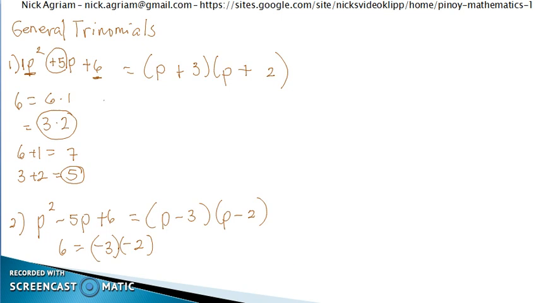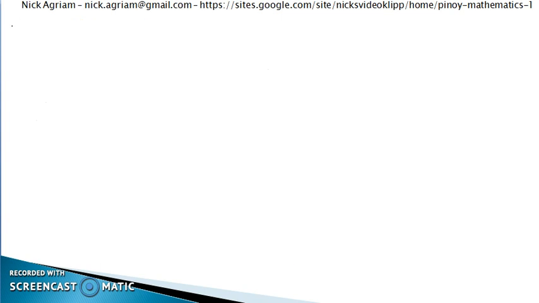Let's take a look at some examples. Example number 3: v squared plus 4v minus 21. As you can see, the numerical coefficient of the first term is 1 again. Then we can just look at the last term. We have negative 21 there. Then we have negative 7 and 3, or negative 3 and 7.